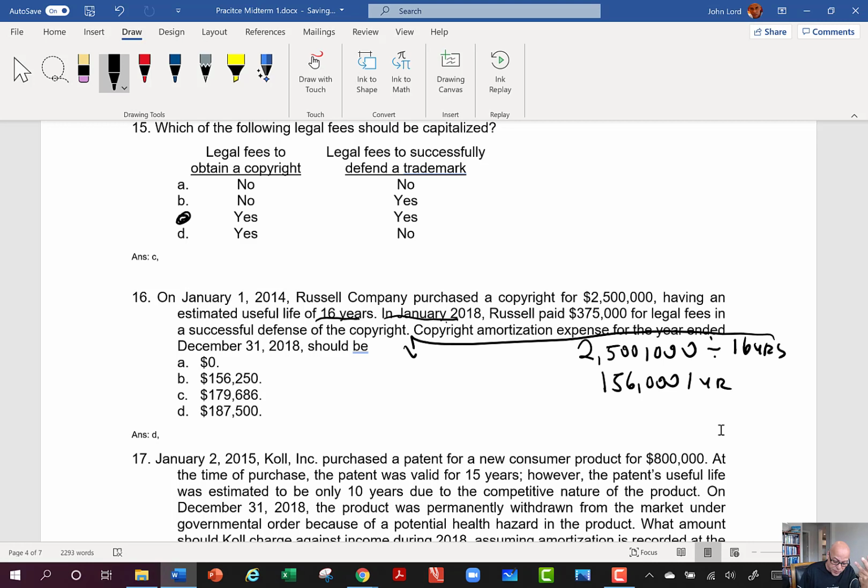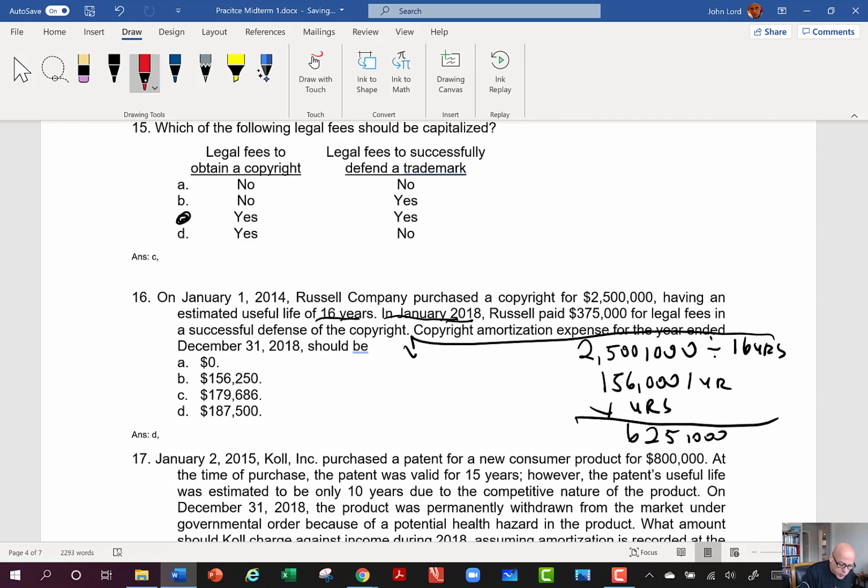They didn't have to pay these legal fees until 18. So that means now that they had amortized it for 4 years, 156,000 a year times the 4 years gives me 625,000, right?